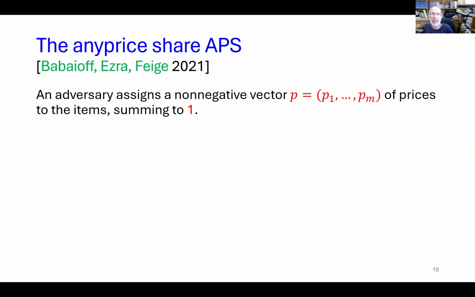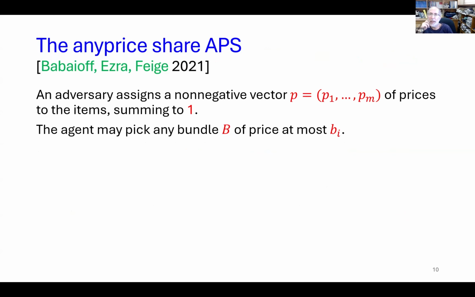Okay, so now we reach a definition. An adversary assigns a non-negative vector of prices to the items so that the prices sum up to 1. This is the price step of the price and choose game.